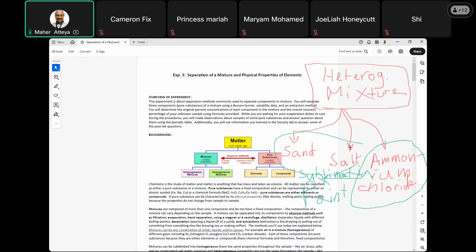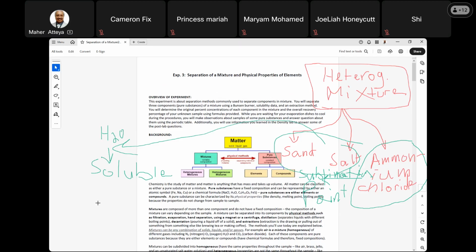We can determine what ammonium chloride lost, correct? With these two, we take advantage of the solubility in H2O. Solubility is connected to whether it is H2O soluble or not.